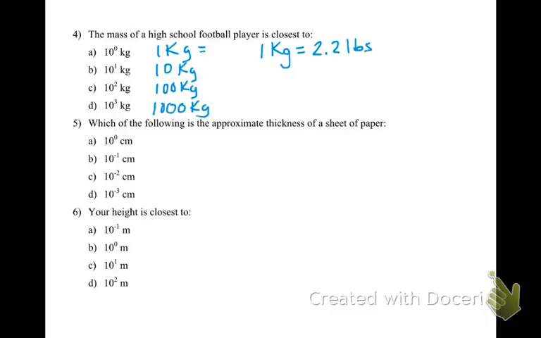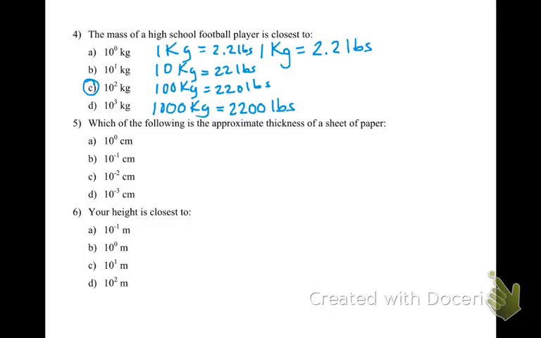So to put that into pounds, 2.2 pounds, 22 pounds, so unless you're like a toddler, 220 pounds, that's a pretty hefty linebacker, but you never know. And then 2,200 pounds. Probably our best option is C. It's a pretty big boy, but the other ones just don't make any sense.